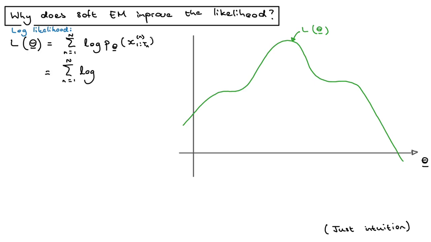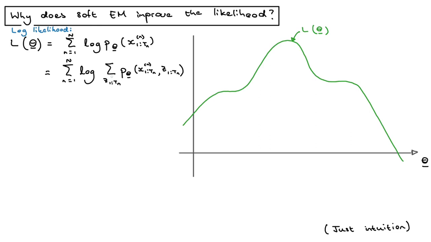The reason this is tricky is that to calculate this, we actually need to marginalize out the state sequence. So we need to marginalize out all possible state sequences that we can follow for this observed sequence x1 to xn, and then we've got z1 to zn, and we need to marginalize this out.